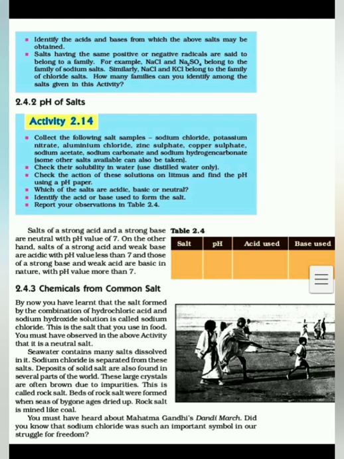On the other hand, salts of strong acid and weak base are acidic with pH value less than 7, because here the strong acid will release all H plus ions, but the base is weak and will not dissociate all OH minus ions. So in this case, the number of H plus ions is more, and as we know, H plus ions are responsible for acidic nature, and so the salt formed is acidic in nature.